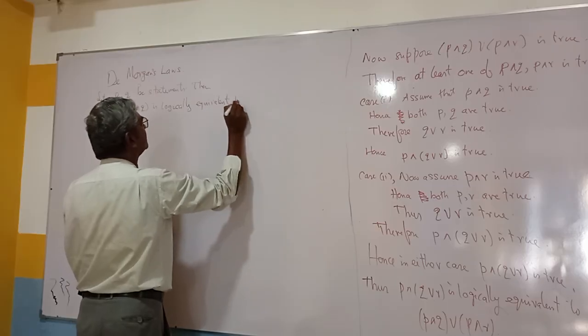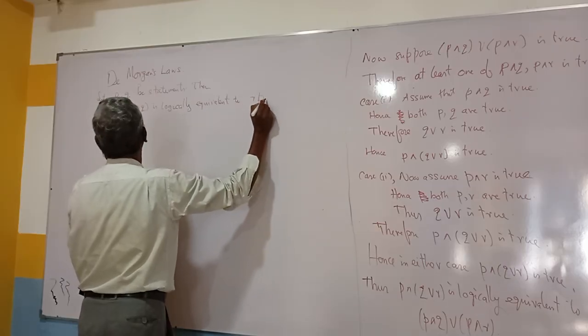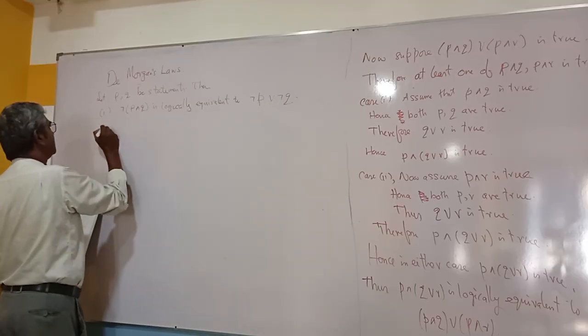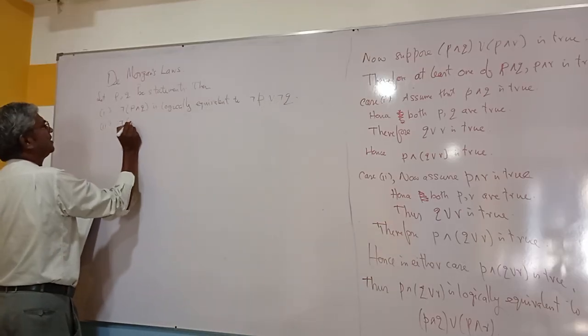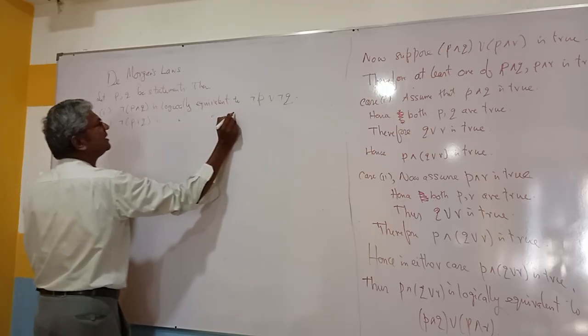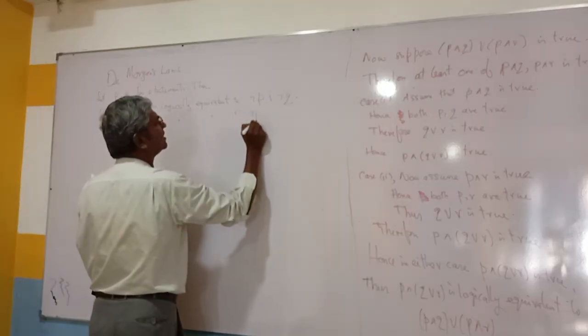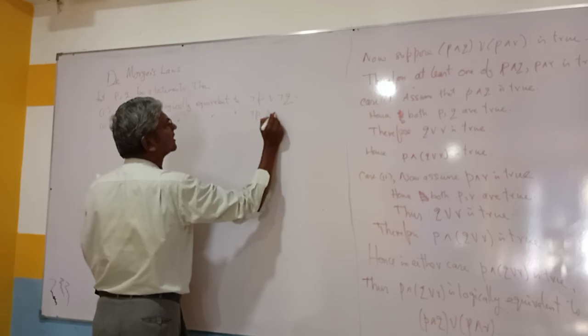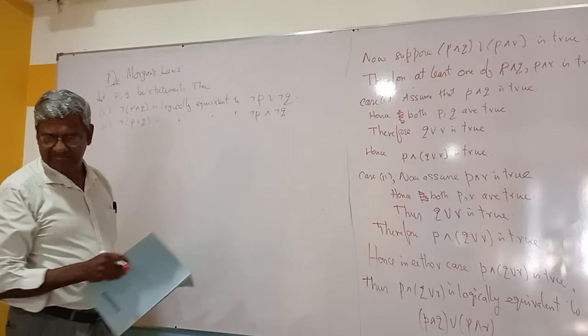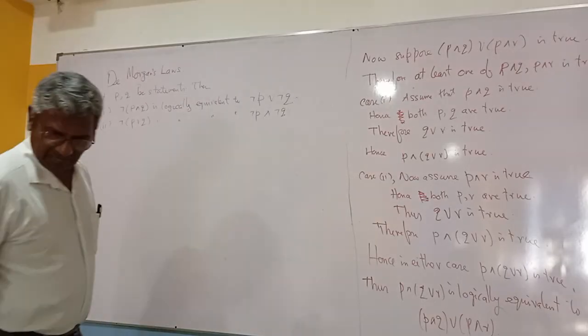It's logically equivalent to not P or not Q. And not (P or Q) is logically equivalent to not P and not Q. Quickly, let's go.